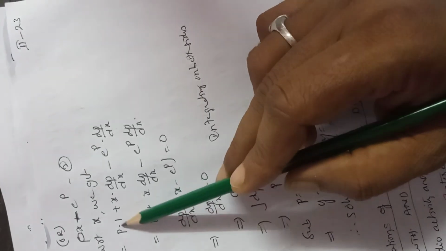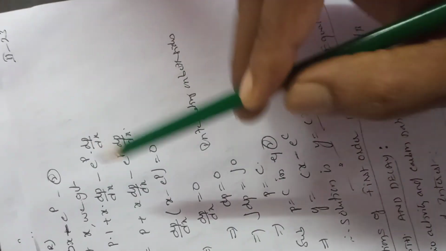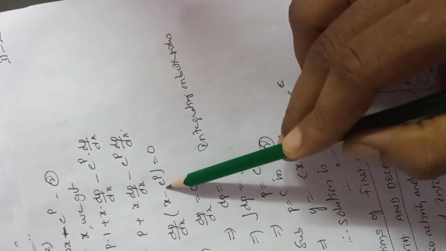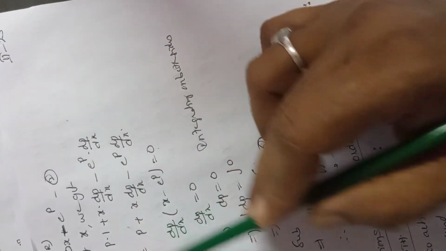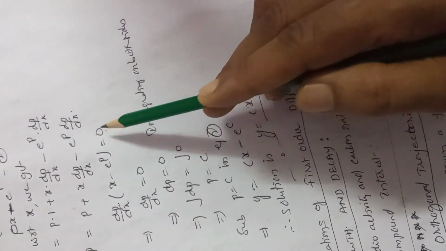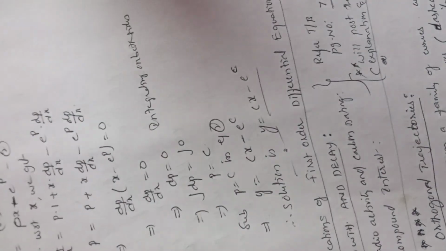So p plus p into 1 is p, plus x into dp by dx minus e power p into dp by dx. The p's get cancelled. If you take dp by dx common, x minus e power p is equal to 0 because the p's get cancelled. Now dp by dx is equal to 0 divided by x minus e power p, which is 0 only.